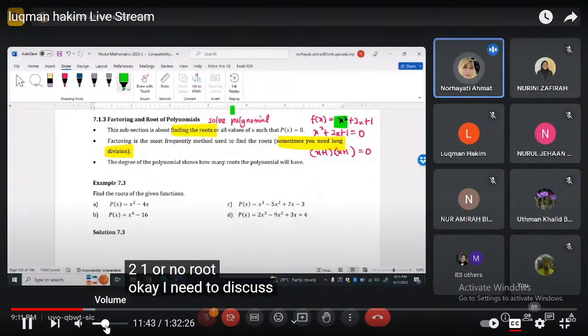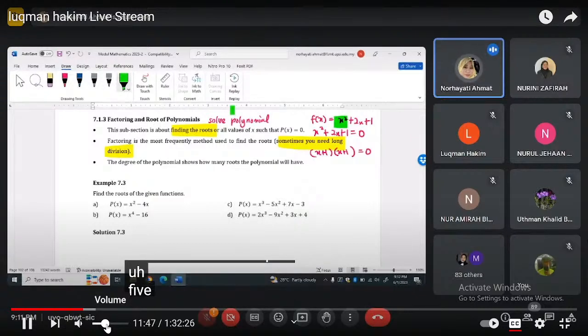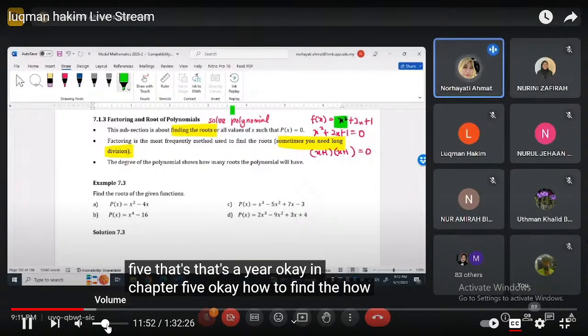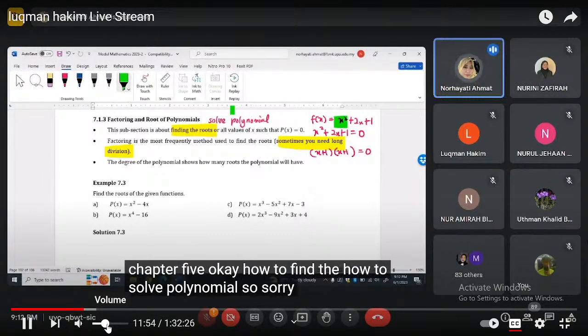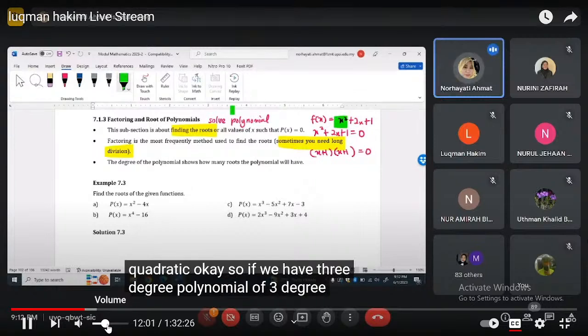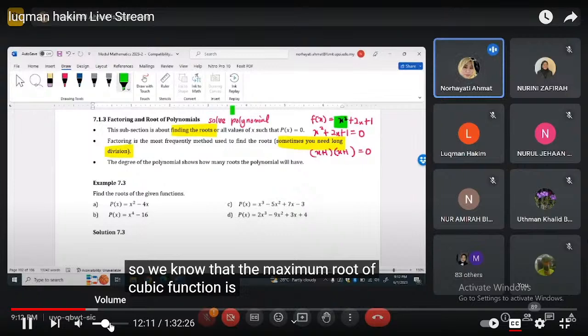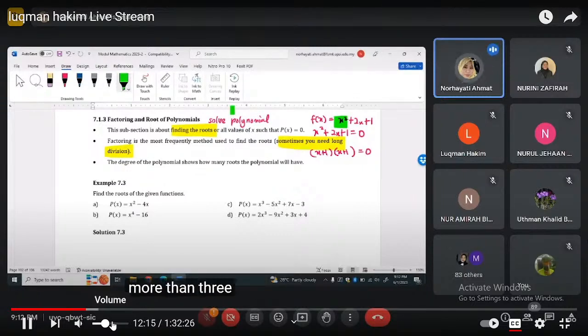We already discussed this in chapter 5, how to solve a quadratic. If we have a polynomial of degree 3, or cubic, we know that the maximum number of roots of a cubic function is 3, not more than 3.